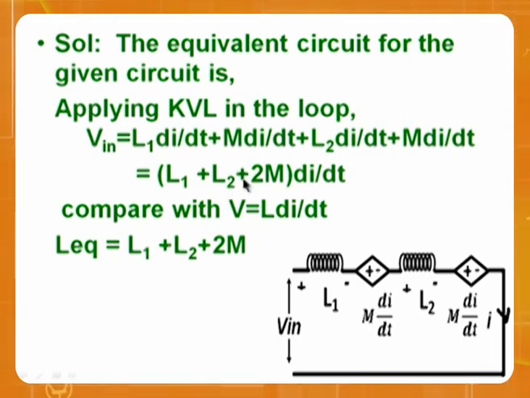So in the place of inductance, you have L1 plus L2 plus 2M. Because this is added; suppose if it is subtracted, you will have minus 2M. Most of the time, the examiner is interested in plus or minus. He is simply asking for the equivalent inductance. That's the equivalent and that is the solution.